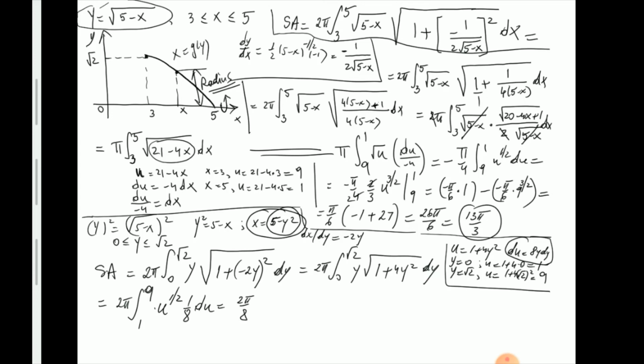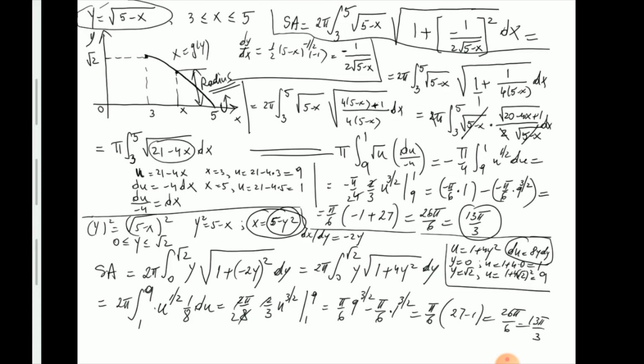Pull the 1 over 8 outside and then integrate 2/3 u to the 3/2 between 1 and 9. 2 to 4 over 8, that makes it pi over 6, times 9 to the 3/2 minus pi over 6, 1 to the 3/2. So that's 27 minus 1. Obviously, it's as expected, 13 pi over 3.